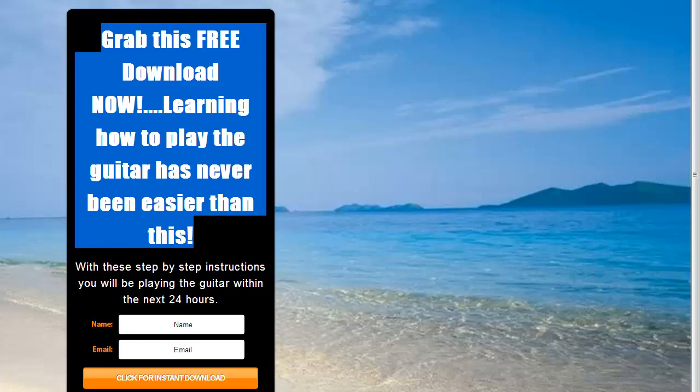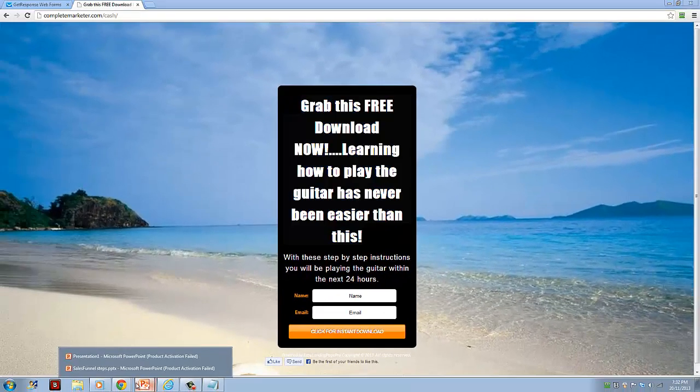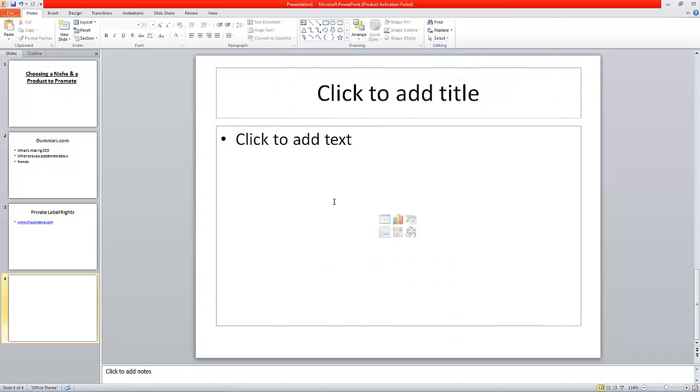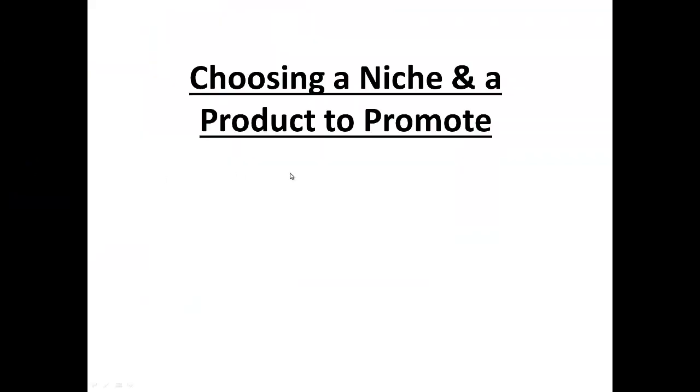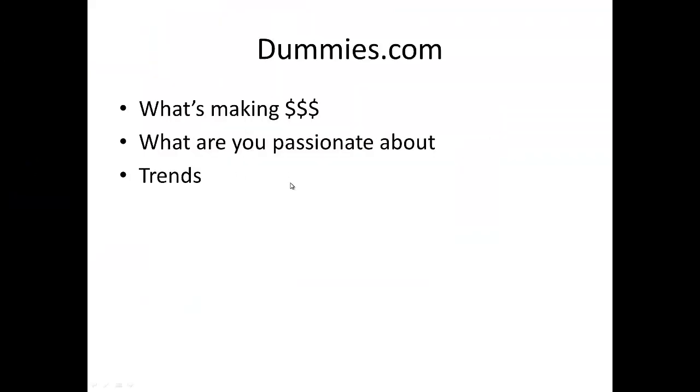Good stuff. And after that, now the system kicks in. Now we saw today, and I brought you to a few places where you observe how to identify your niche at dummies.com.